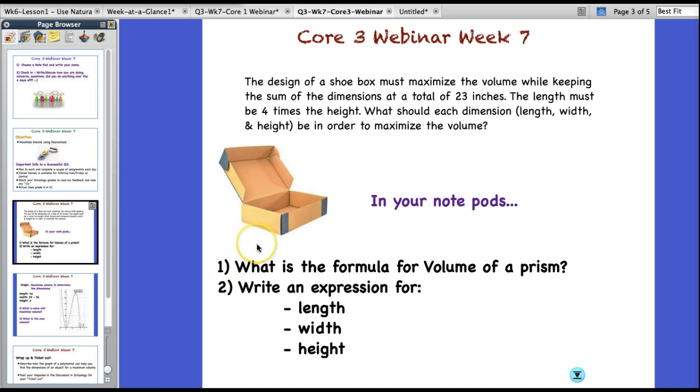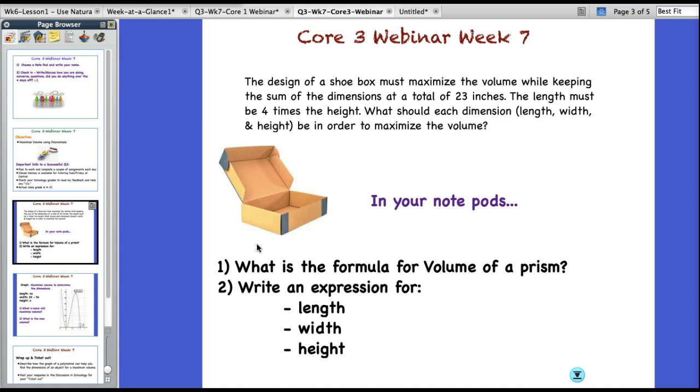In your notepads, here's what I want you to do. First of all, write for number 1: what is the formula for the volume of a prism? What is it in general? No, the formula. Like area is length times width, the area of a circle is pi r squared. Volume is length times width times height, LWH, for a rectangular prism. Yes, that's the one.